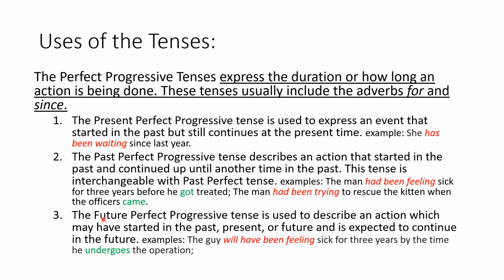But what the verb is trying to say here is that the person will have been feeling sick, continuing even up to the future, by the time he undergoes the operation. Now, when you use this formula, the next verb should be in its simple present tense. He, and then undergoes.